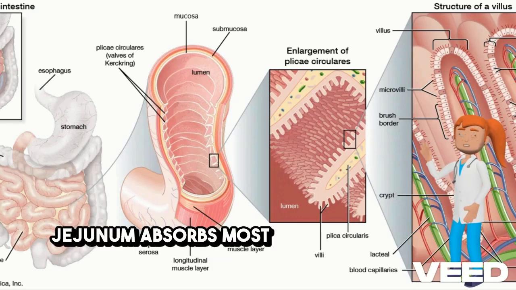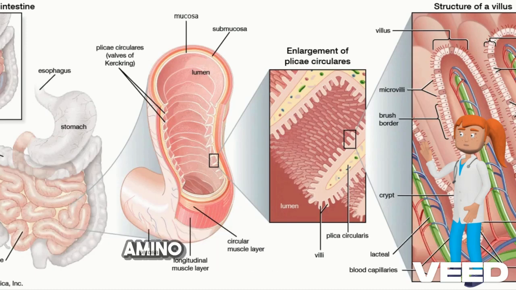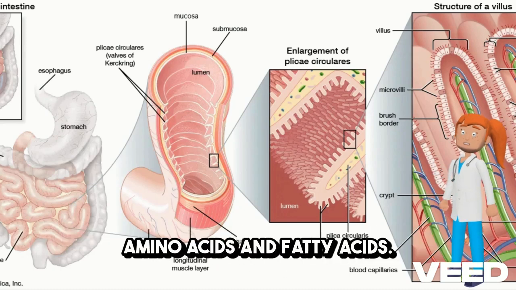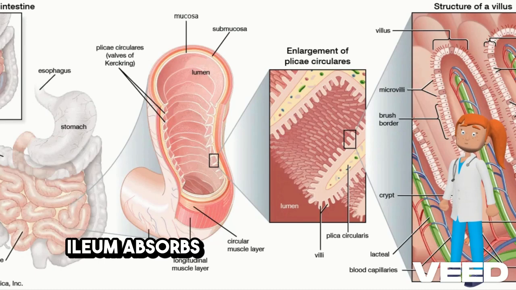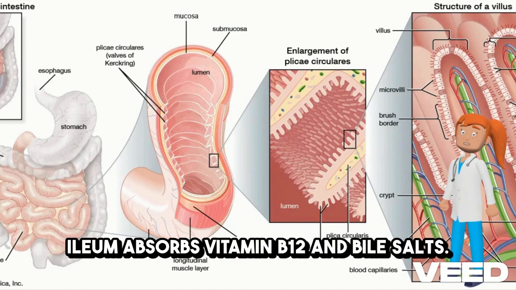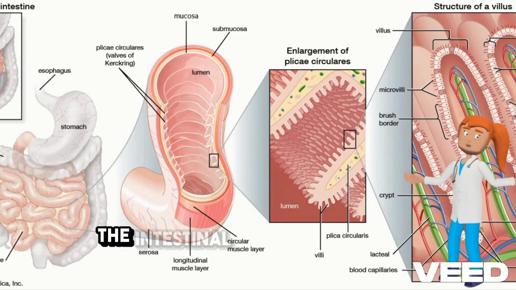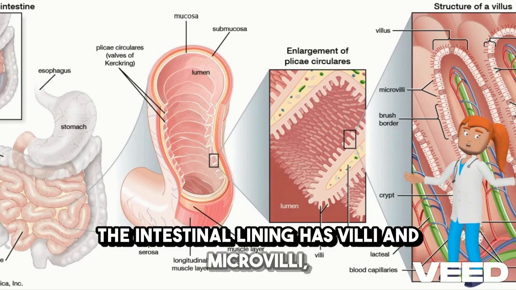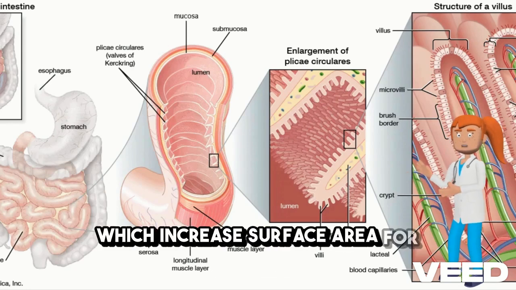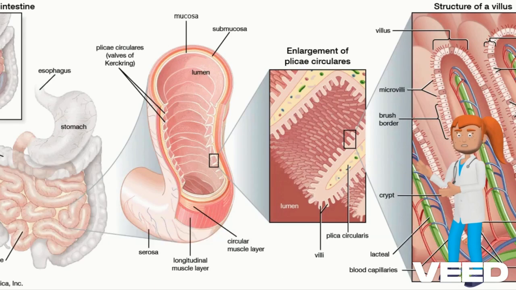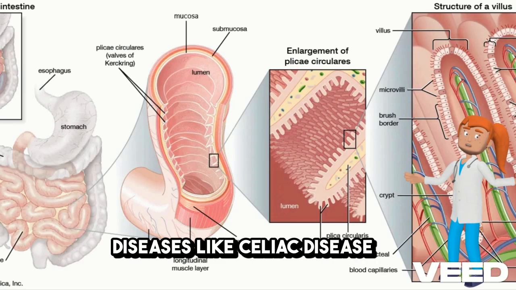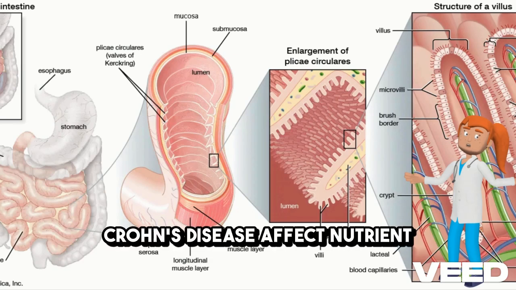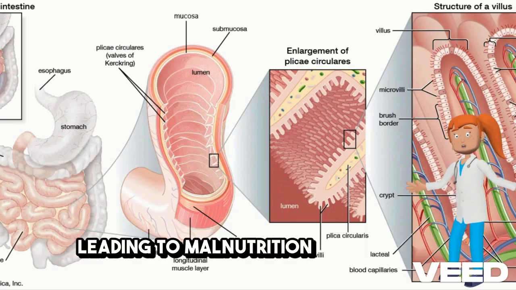Jejunum absorbs most nutrients, including glucose, amino acids, and fatty acids. Ileum absorbs vitamin B12 and bile salts. Key features: the intestinal lining has villi and microvilli, which increase surface area for absorption. Clinical correlation: diseases like celiac disease or Crohn's disease affect nutrient absorption, leading to malnutrition or diarrhea.